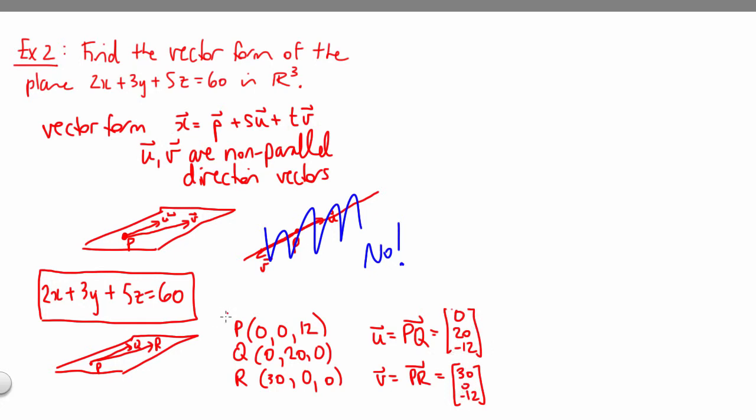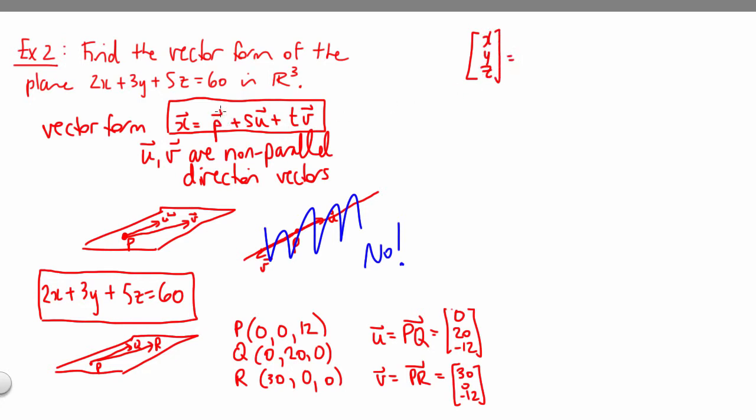So we've got a point P that lies on our plane. We've got two non-parallel direction vectors, and we're all set to plug in to our vector form. Looking back up top to our vector form, let's plug in. x represents the vector (x, y, z).